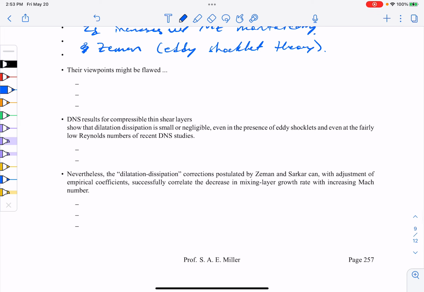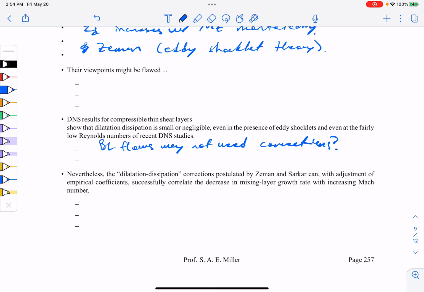And these channel flow results are consistent with the fact that compressibility corrections may not be needed for boundary layer flows. And the DNS results also show insignificant pressure dilatation, which we'll talk about next.